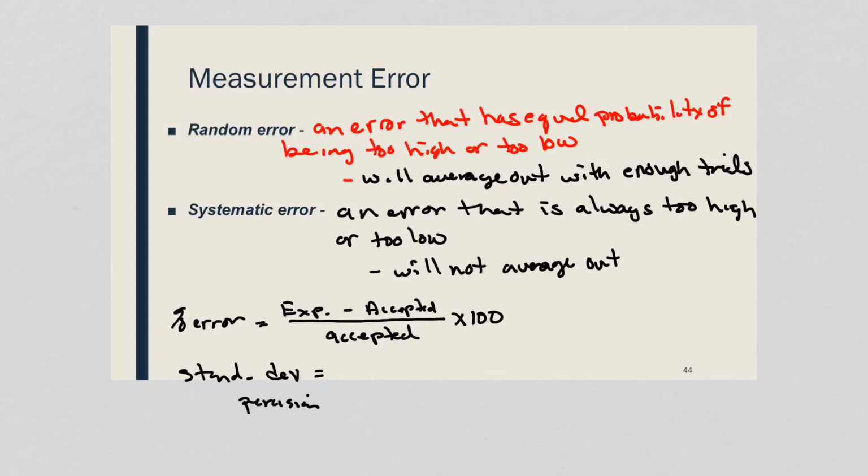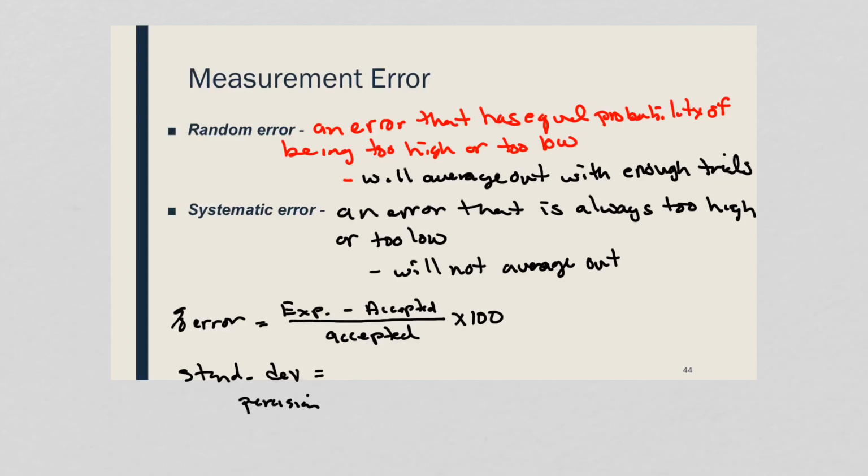So if you take a bunch of measurements, you get the average, and that's what you report. The standard deviation gives you an idea of the scatter in your data: how far away the values are from each other. So it gives you an idea of how much precision you have in your data.